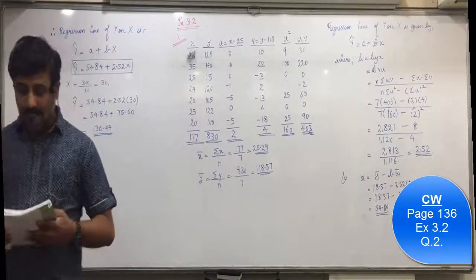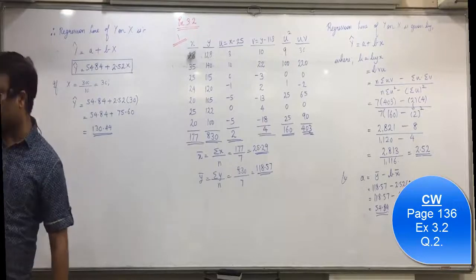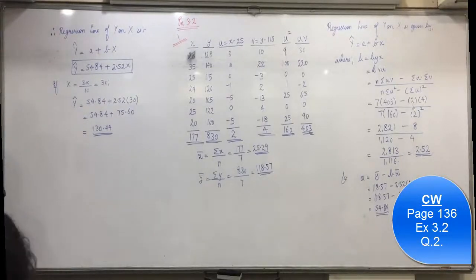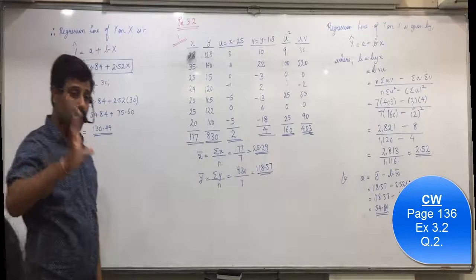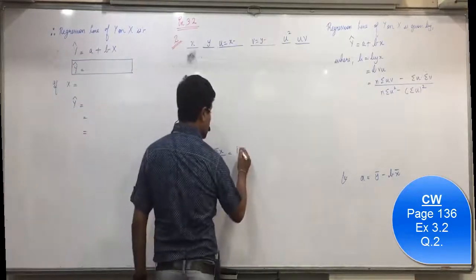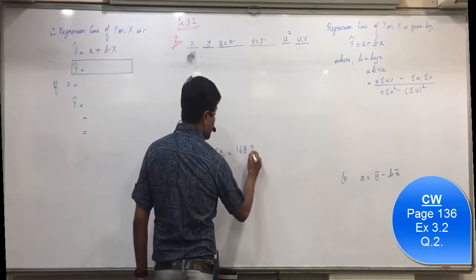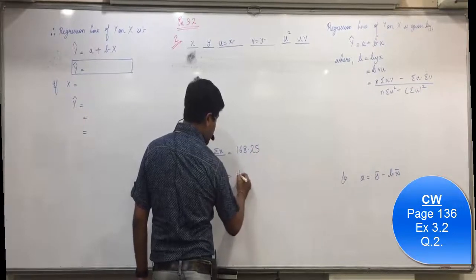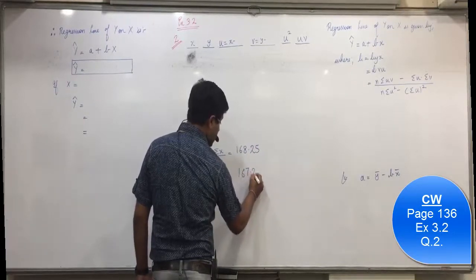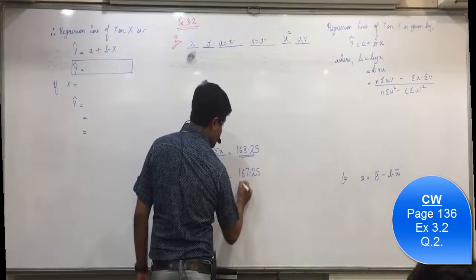Yes. So first obtain x bar and y bar. You'll be doing it on your own. I'll just guide you for u and v. I want every one of you to take the same values of u and v: 160, 8.25 and 167.25.